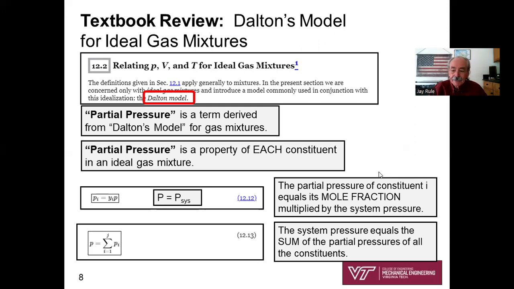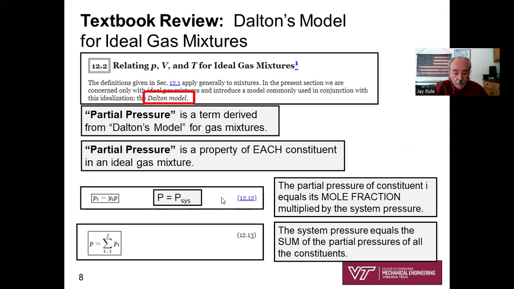Partial pressure is a term derived from Dalton's model for gas mixtures, and also recognize that partial pressure is a property of each individual constituent within this homogeneous ideal gas mixture. And so the most important equations or fundamentals in section 12.2, equation 12.12, it's a little small, P sub i equals y sub i times P.